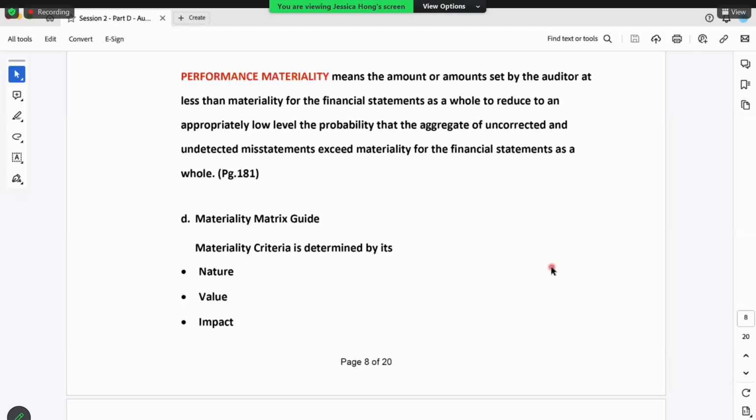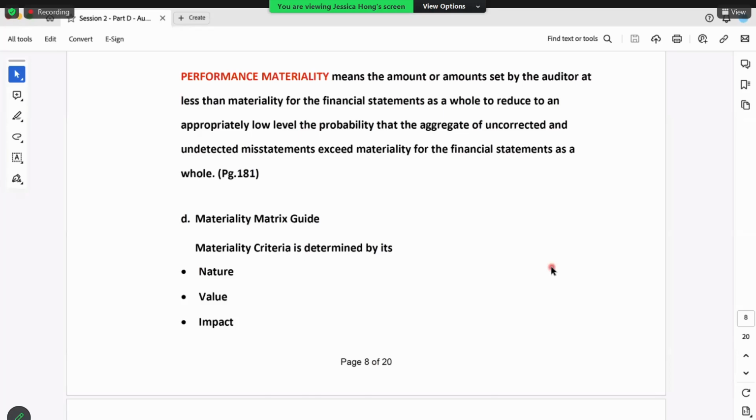You also want to consider how it has an impact on the whole financial statement. That is called how pervasive the material misstatement is, and its impact on all the other balances and on other matters like going concern. That is another way for you to see materiality.